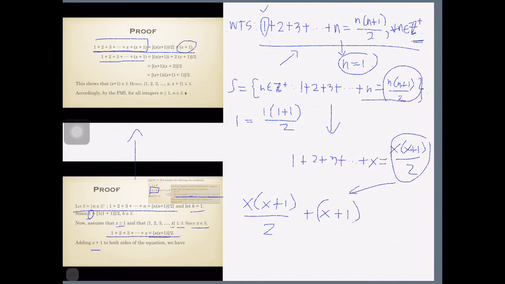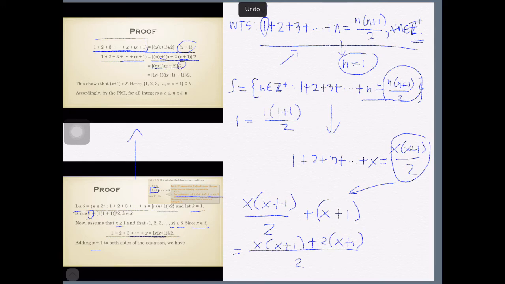So it would look like this now. For the benefit of others, that would be x times x plus 1 plus 2 times x plus 1, or that would be this part right here. Factoring out x plus 1 here, we'll have x plus 1 times x plus 2, still all over 2.